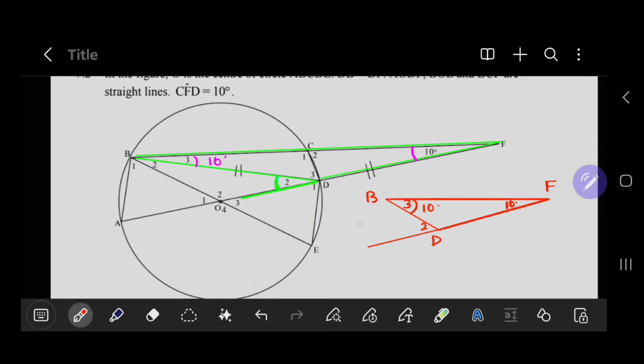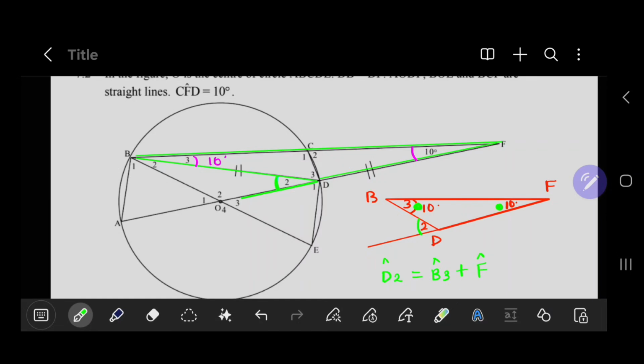So if we have a look at this separately, this is what it looks like, and it's a lot easier to notice in this diagram. Here D2 is the exterior angle of the triangle, and we know that, as a rule, the exterior angle of a triangle is equal to the sum of the interior opposite angles. So here, angle D2 is going to equal angle B3 plus angle F.